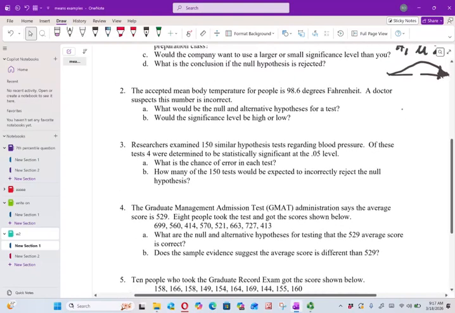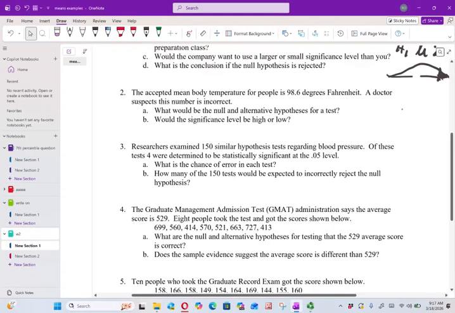All right, here's the second one. Mean body temperature is 98.6. A doctor suspects this number is incorrect. What's the alternative and the null hypothesis? Look at the wording. What does it say? A doctor suspects this number is incorrect. Does it have a direction?